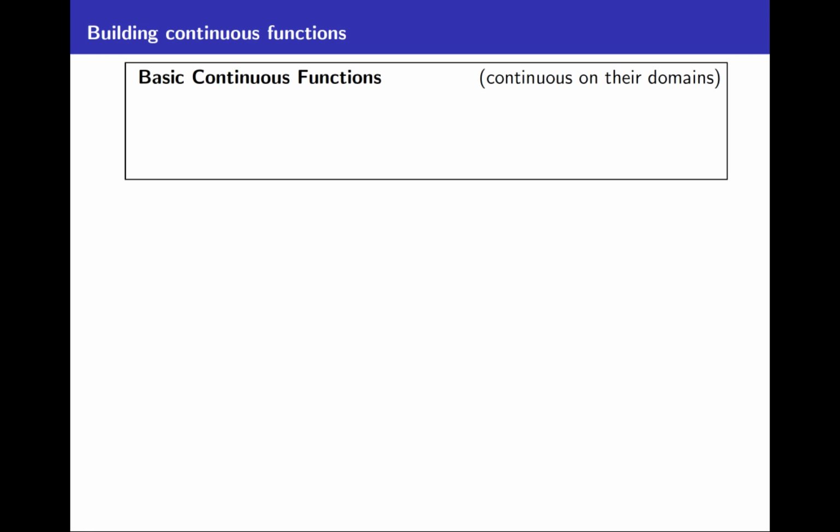It's important to know that functions you're dealing with are continuous, and you can actually build them up from basic continuous functions. I'll give you a list of our basic continuous functions, and by this I mean they're continuous on their domains. Constant functions k, x to the power of n, e to the power of x, b to the power of x, ln of x, log base b of x.